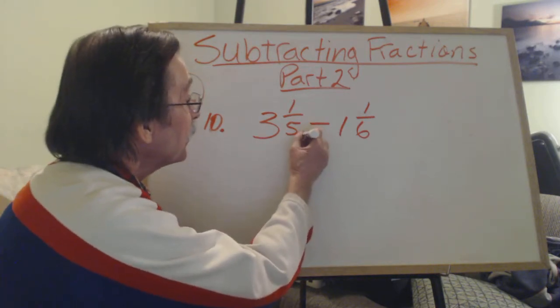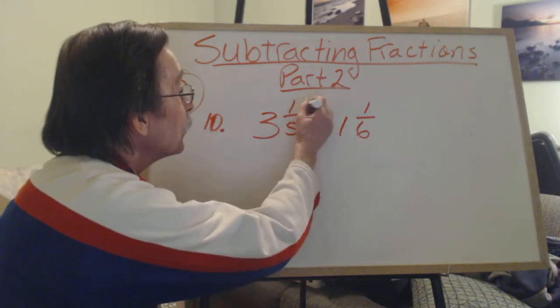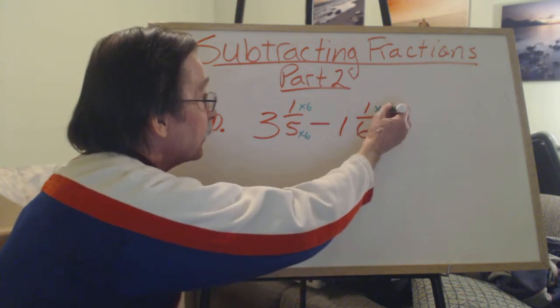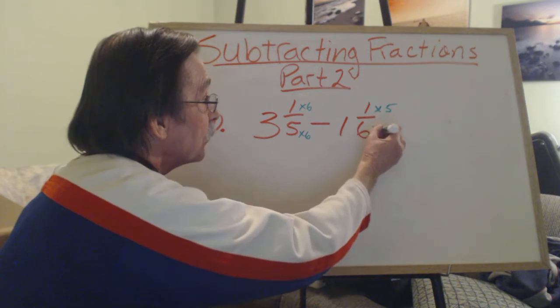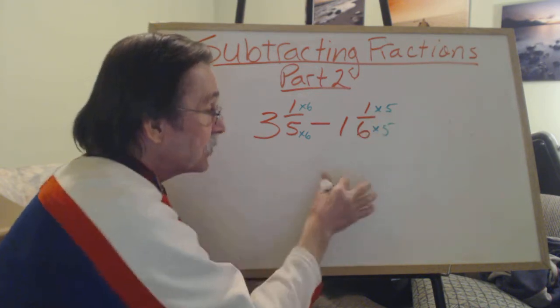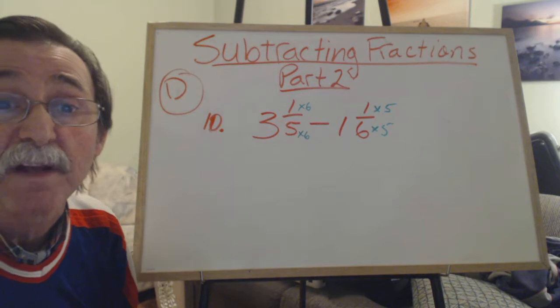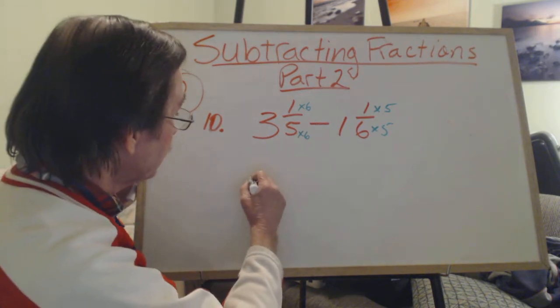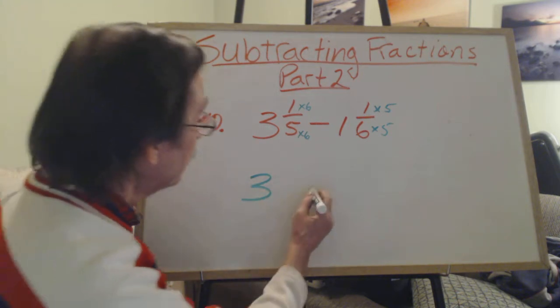Okay, so I'm going to multiply this by 6, multiply that by 5. And notice the whole numbers don't do anything. In fact, they stay the same. Let's put them down right there.